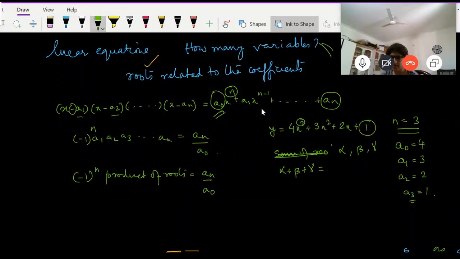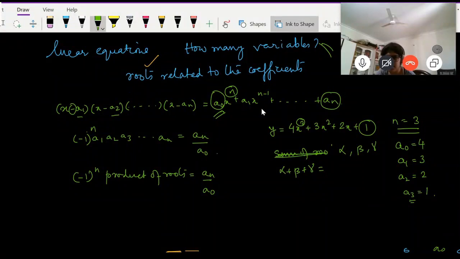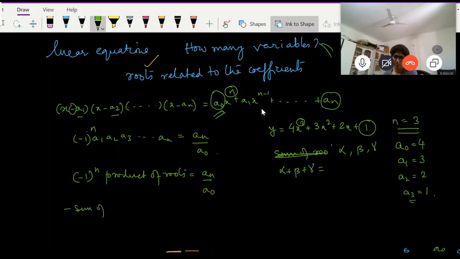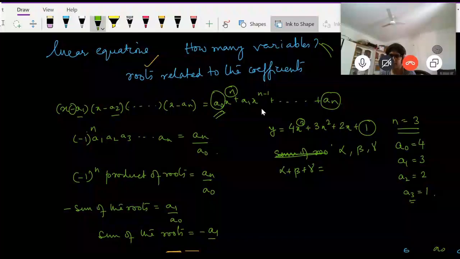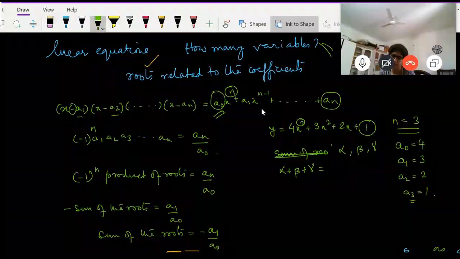Sum of the roots we saw was minus a1 by a0, right?